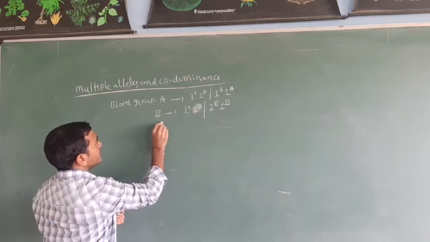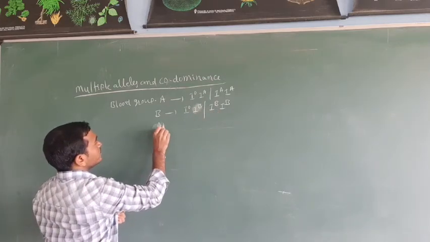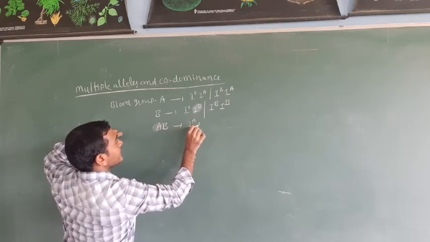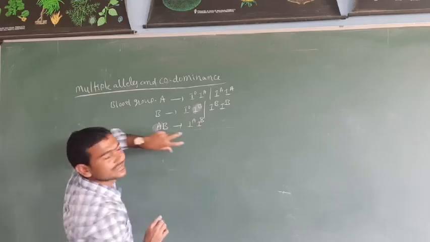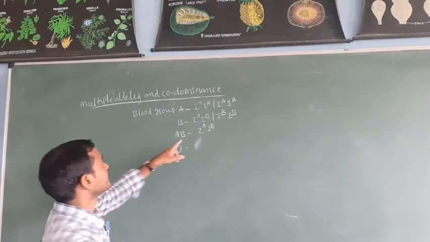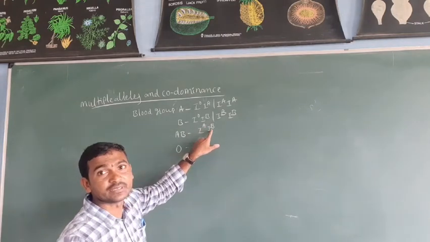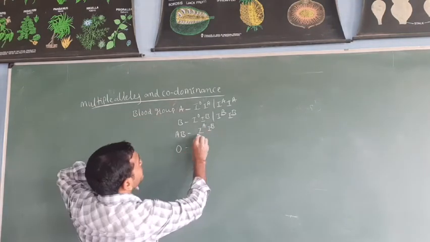Now take AB blood group, which is I A and I B; here both alleles are heterozygous.